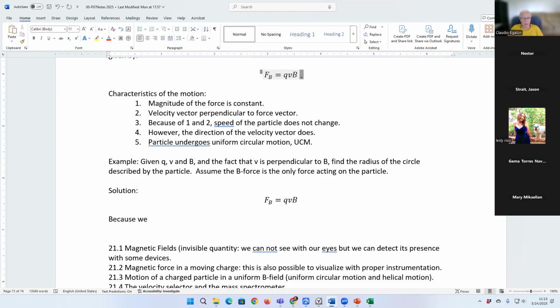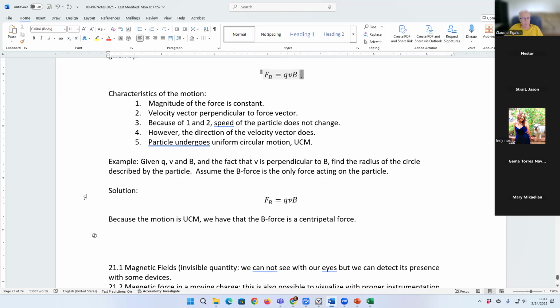Because the motion is UCM, we have that the magnetic force, the B force, is a centripetal force. You see that? Oh, we need one more thing here. Given m, we need also the mass of that particle. Otherwise, we cannot solve this problem. Given m of the particle, charge of the particle, velocity of the particle, and B, and the fact that V is perpendicular to B, find the radius of the circle described by the particle.